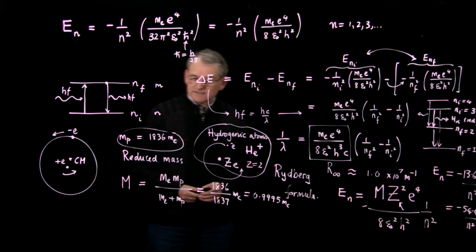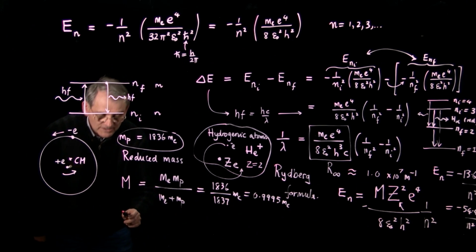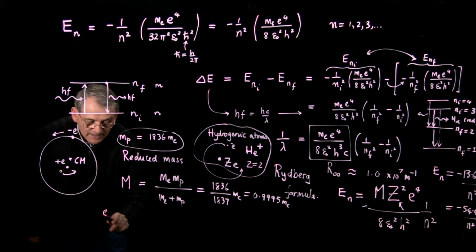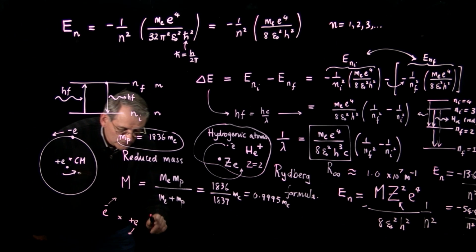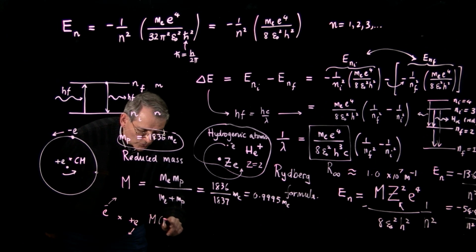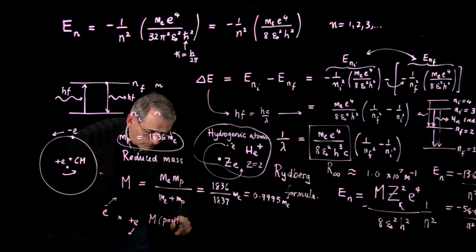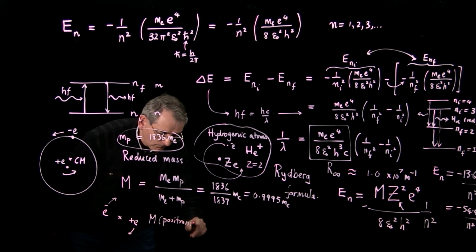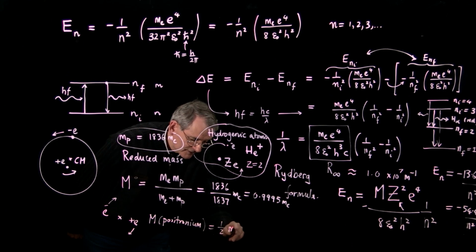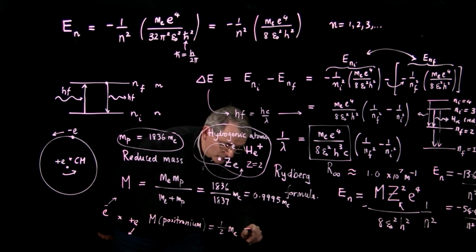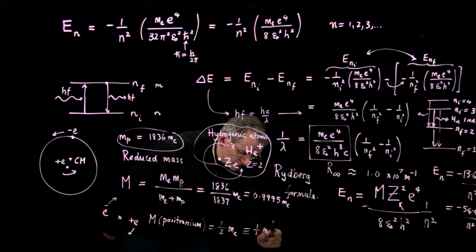In this case, just to finish, if I've got an electron and an anti-electron, which has got a positive charge, because they've got the same mass, the reduced mass of this system, which is called positronium, is actually just 1/2 the mass of the electron, or equivalently 1/2 the mass of the positron.